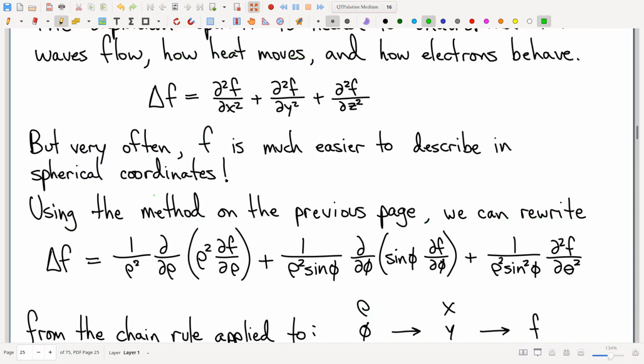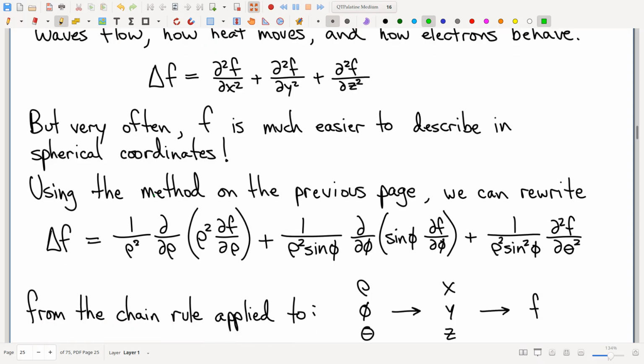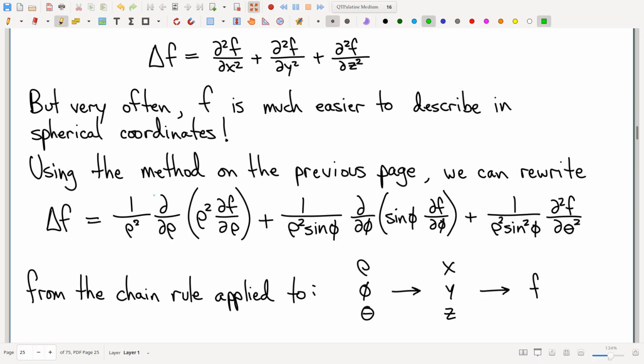Well, I'm going to try to change your mind on opposition to the spherical experience. This is actually way better, as it turns out. Now, again, example incoming. But let me talk about where it comes from first. Each one of these expressions, so for example, second partial with respect to theta, we're looking for a composition second partial, and you can just write it down using the chain rule, just like we did on the previous page. What we did on the previous page was two-dimensional polar coordinates.